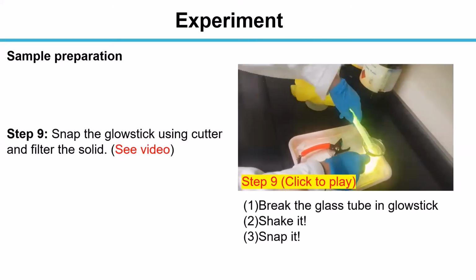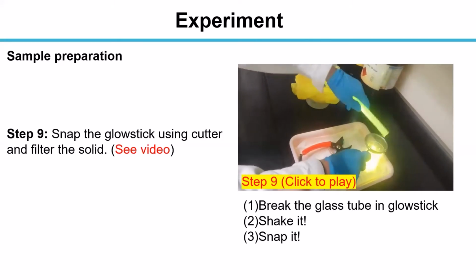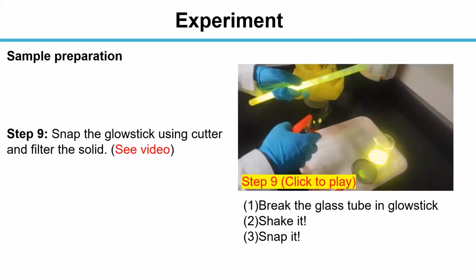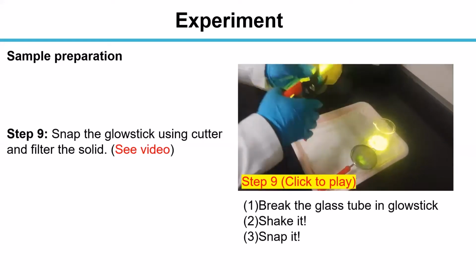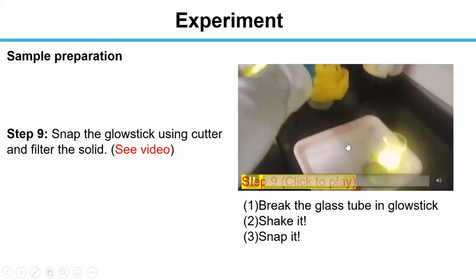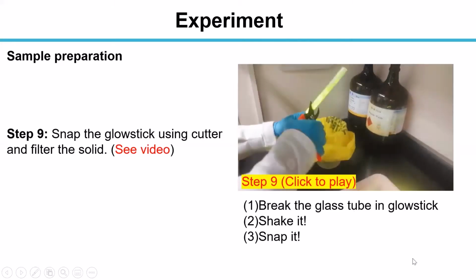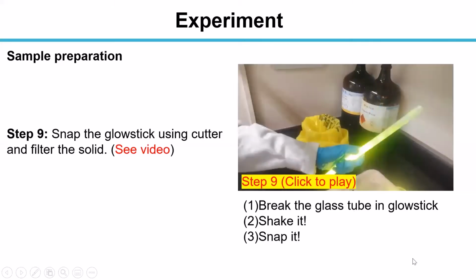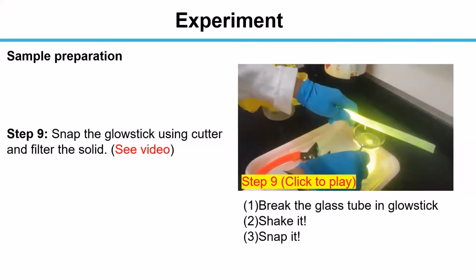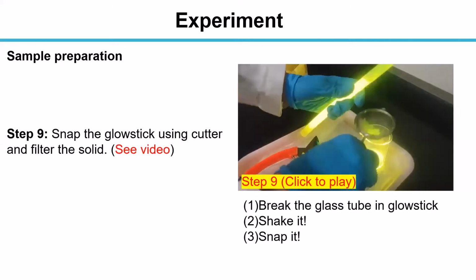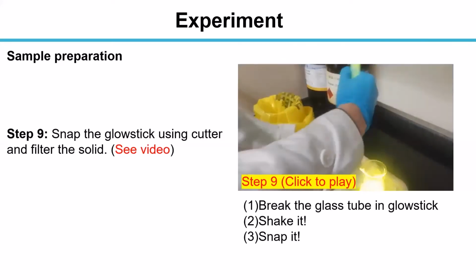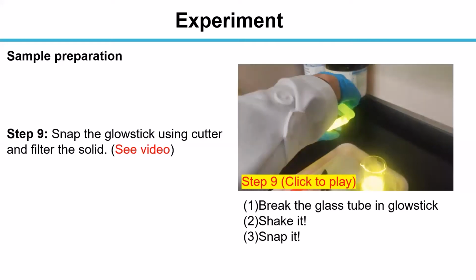Then we pour all the liquid out and we filter the glass pieces, use this filter. So we make sure we pour all the liquid out because we need many glow stick liquid.